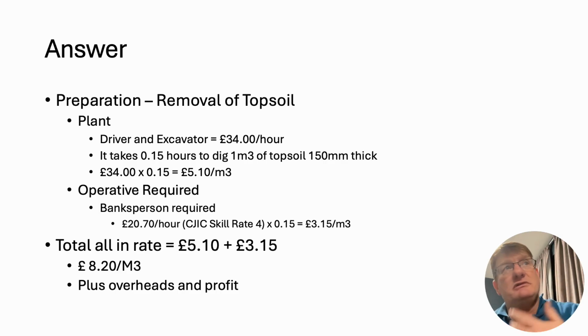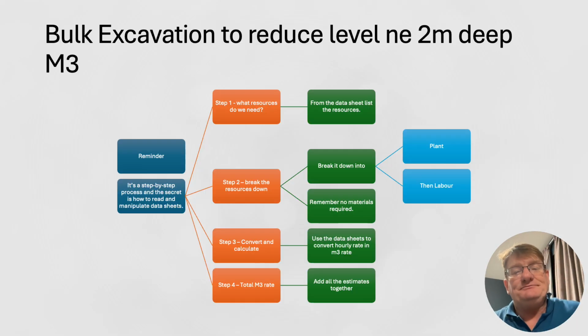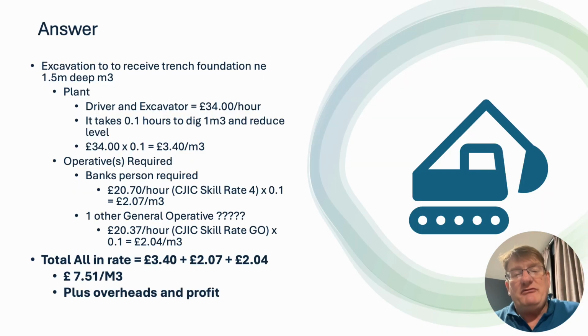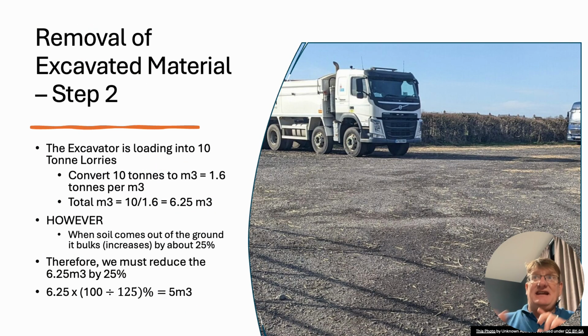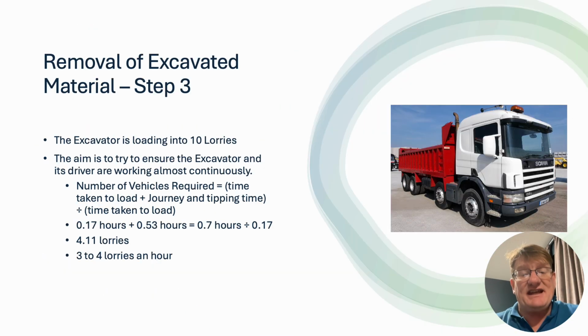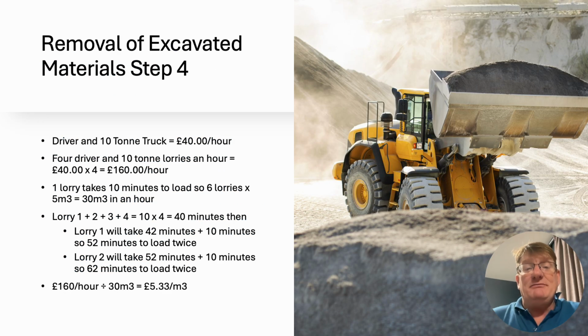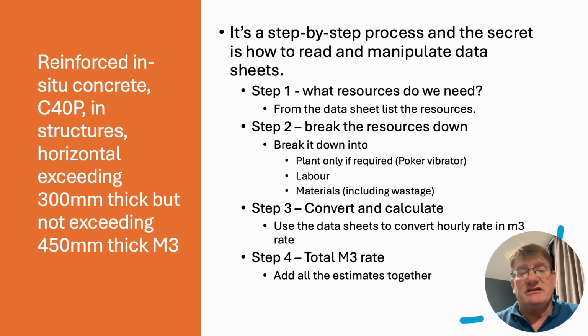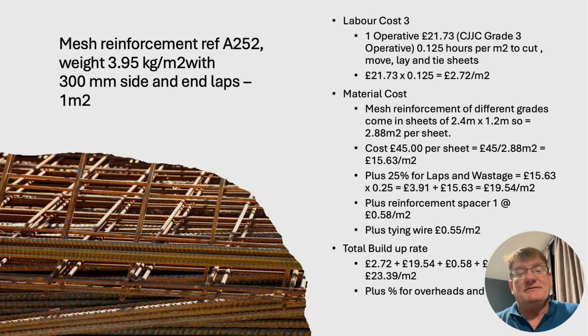Somebody who can drive a dumper truck will be paid a little bit more because they bring basic skills and expertise with them, and that needs to be recognised. And this is how you build up the unit rate for labour, and that's in one of the passes there in the second assignment. So I would write about that in your report. Just moving on a second, bear with me.